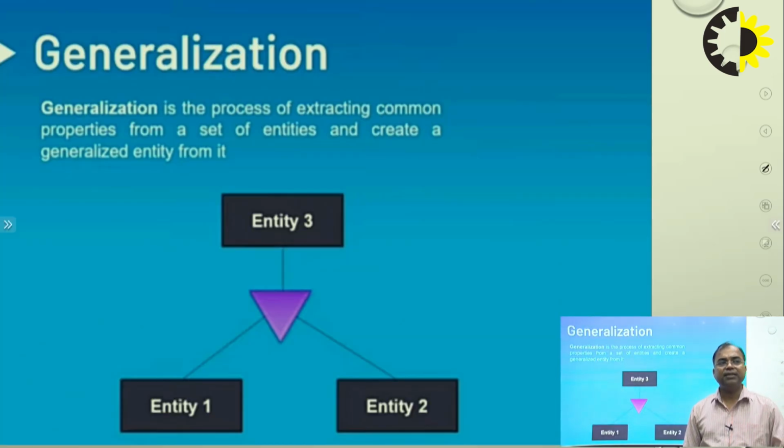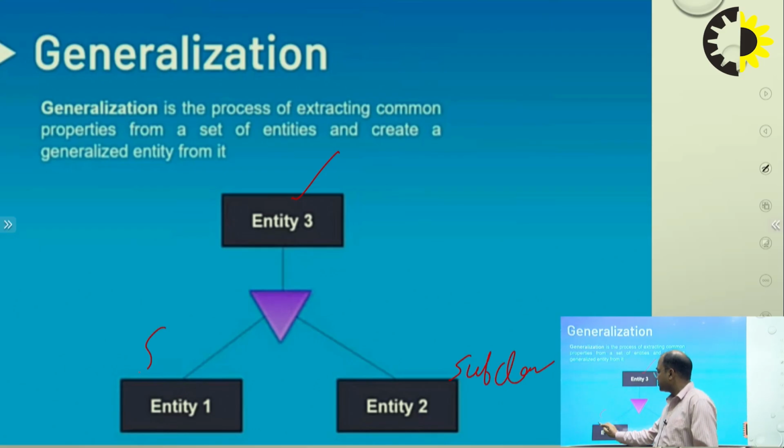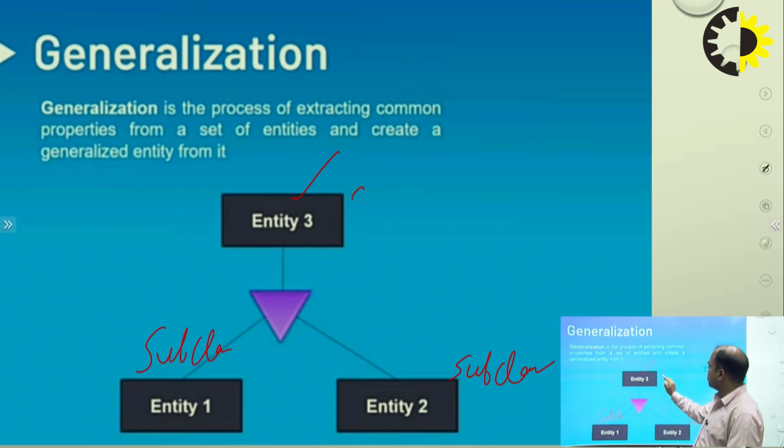Here we can see how generalization is done with the help of lower-level entities. Here are entity 1 and entity 2. We take some features from both entities and create entity 3. This one is a subclass, this one is also a subclass, and this is the superclass.